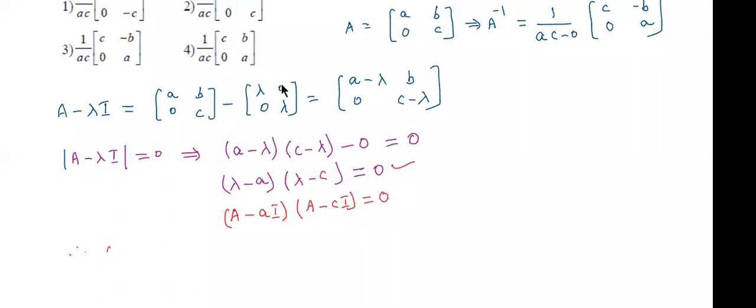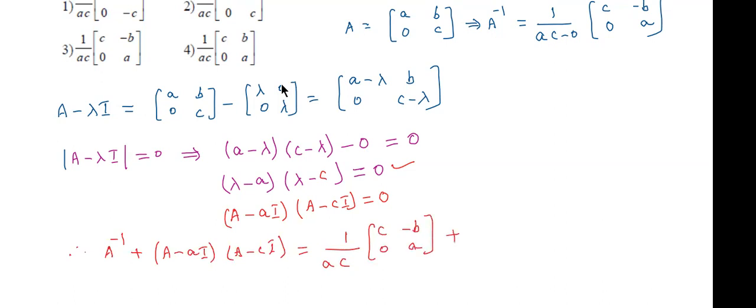Finally, A inverse plus A minus aI into A minus cI equals, what is A inverse? 1 by ac into c, minus b, 0, a, plus this value which is 0.